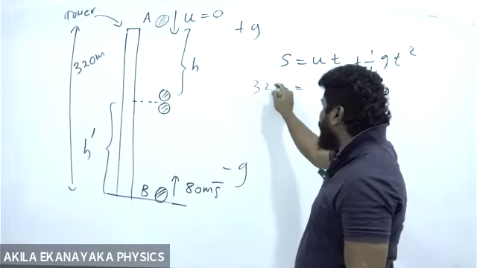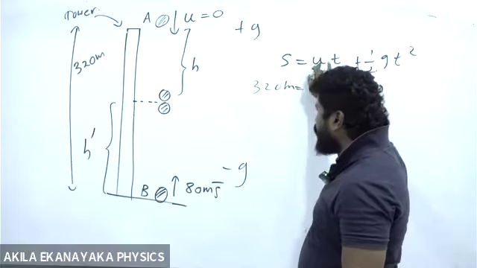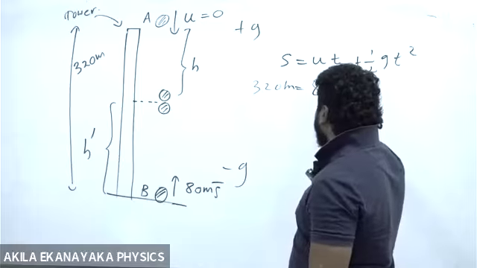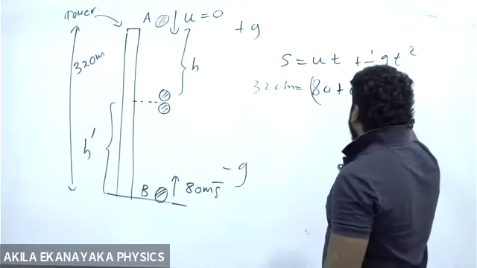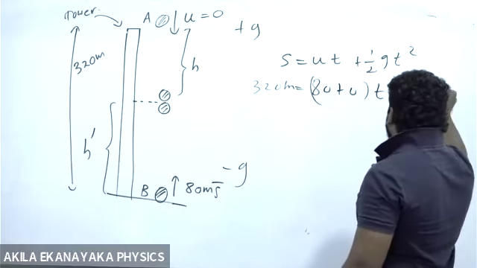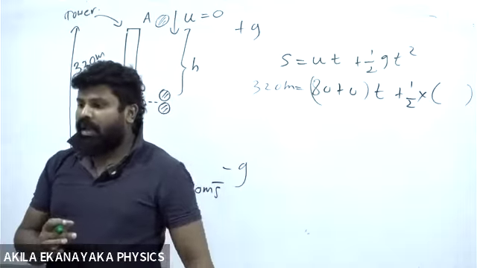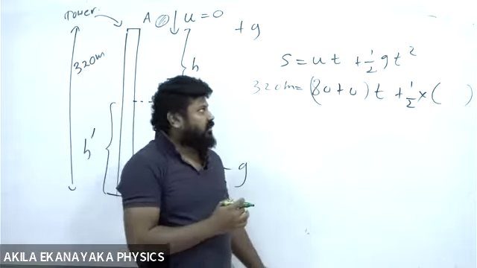Then S means 320 meters. U means you have to add these velocities: 80 plus 0, times t, plus half times g. You have to substitute the values for g.